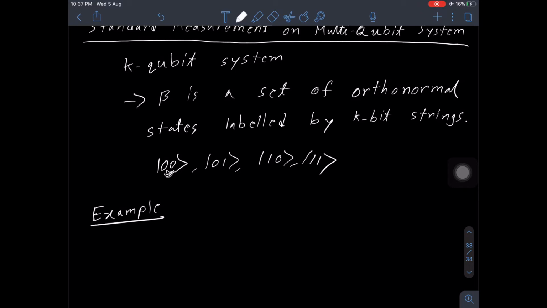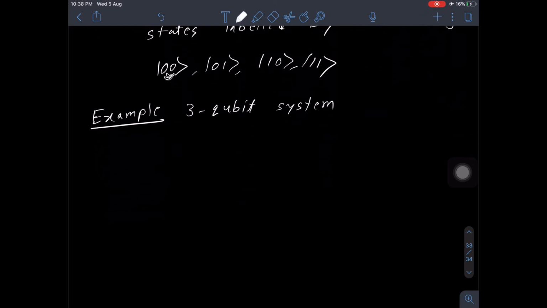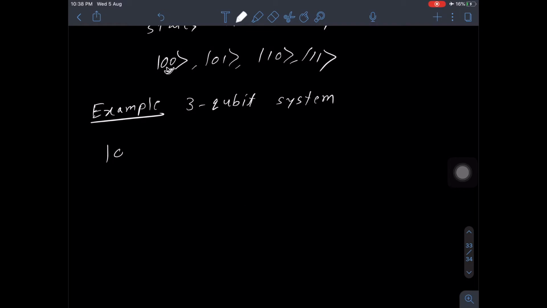Let's say I have a 3-qubit system. Okay, so if you have a 3-qubit system, then let's say that I have this state phi, which is equal to i by 2 times 000, because this is the computational basis of a 3-qubit system, right?